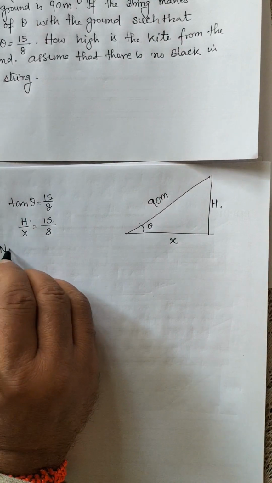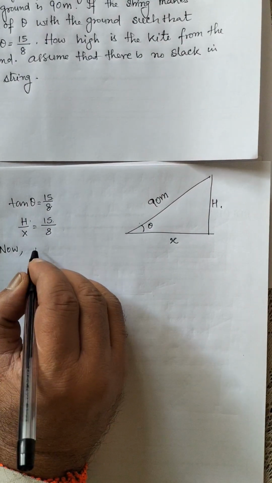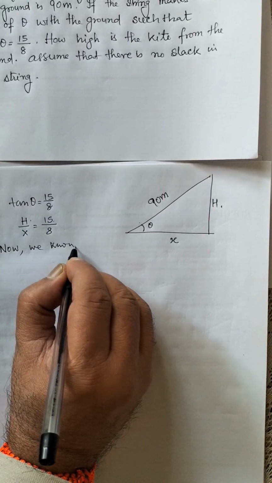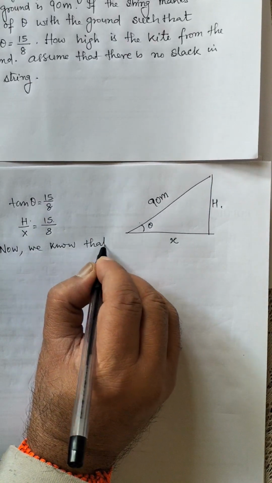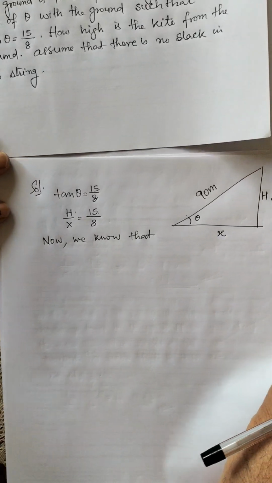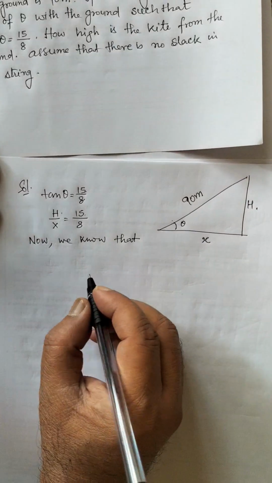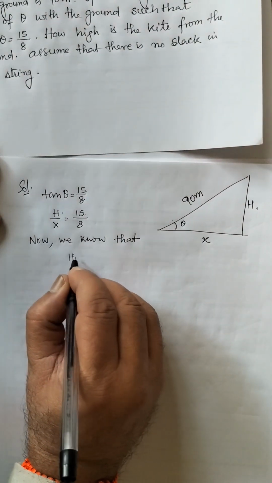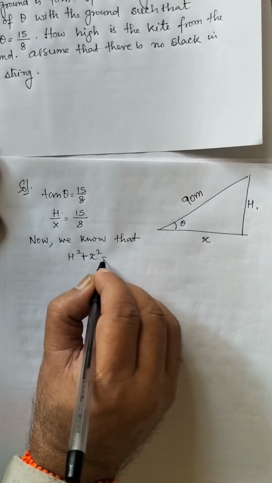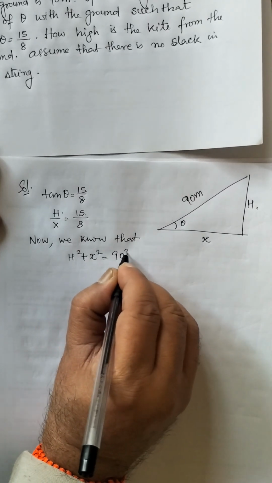Now we know that h square plus x square is 90 square.